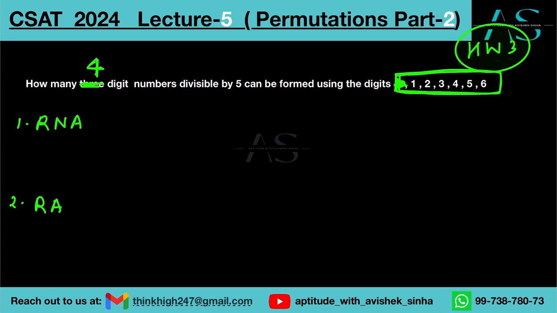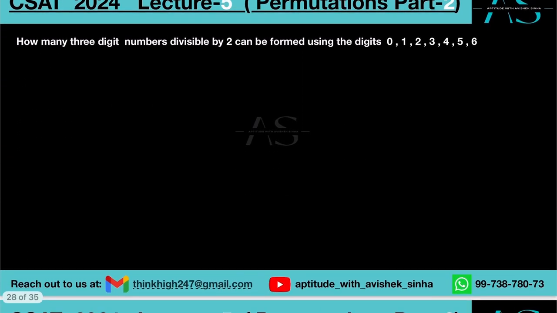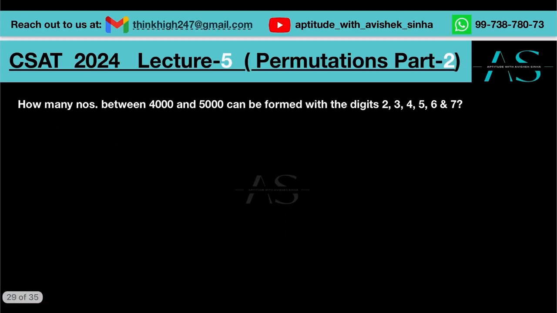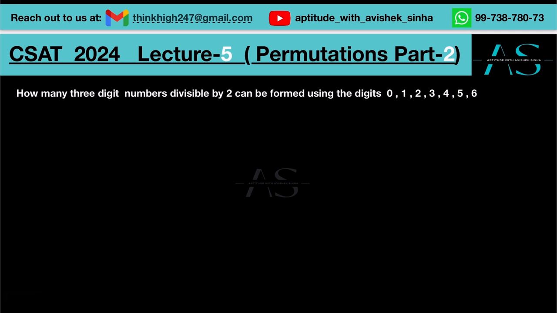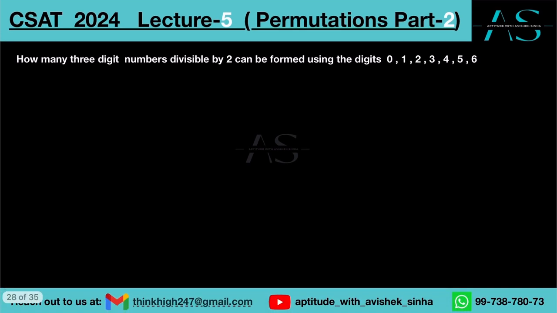Alright, let's move forward. Okay, let's not take this as homework. Let's try and do this. Repetition not allowed. Numbers divisible by 2. Case number 1. What are the numbers divisible by 2? The last digit is either a 0 or either 2, 4, 6 and 8.